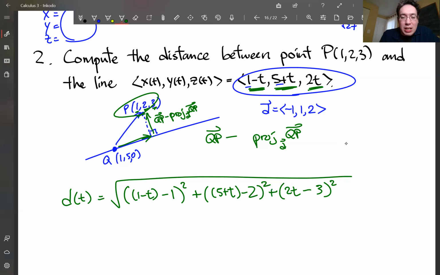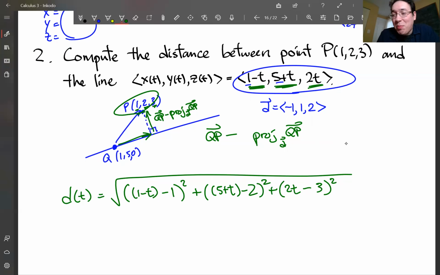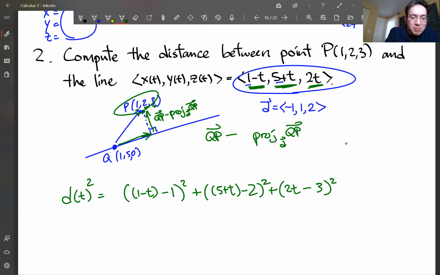And so this is a function of one variable. So I can take the derivative, set it equal to 0, and then find the minimum of the function. But I can make the problem even easier. Instead of minimizing this distance, I can minimize the distance squared.